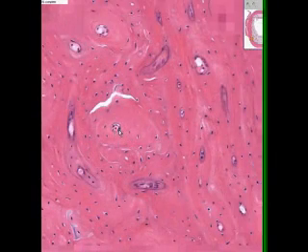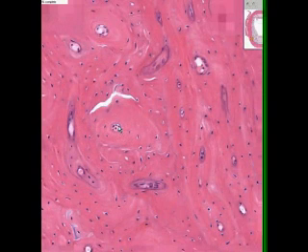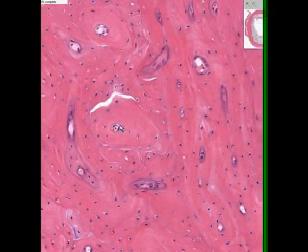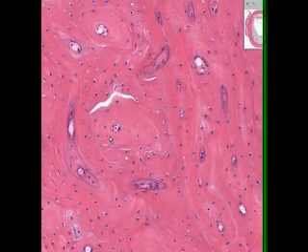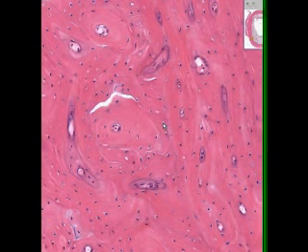And you can see the central vascular canal of the haversian or dense or cortical bone, surrounded in a lamellar fashion by these small cells trapped like cartilage within lacunae, but rather than being chondrocytes, they are osteocytes.